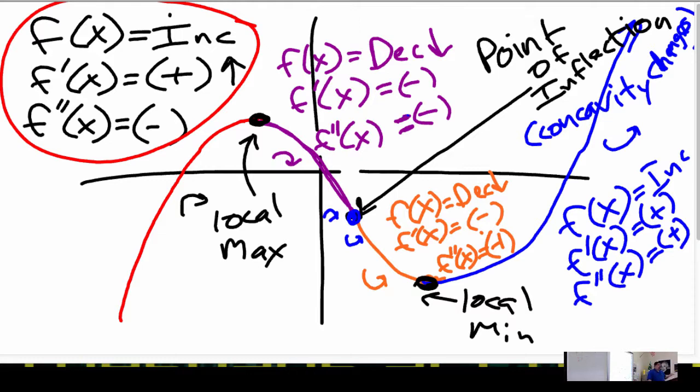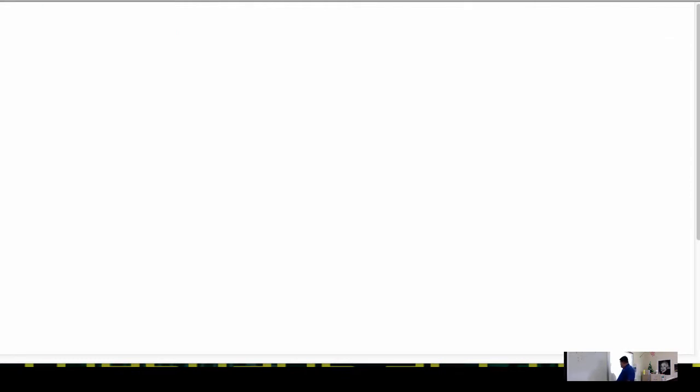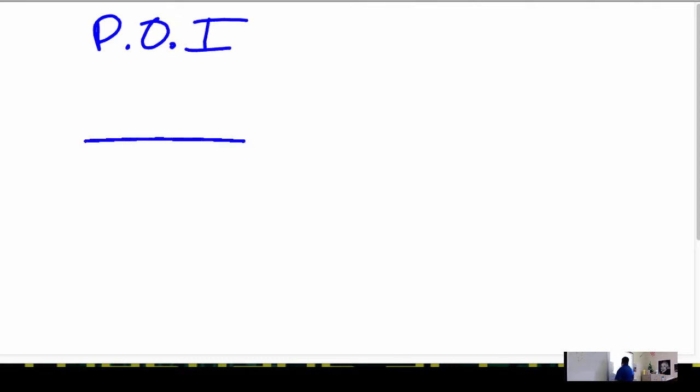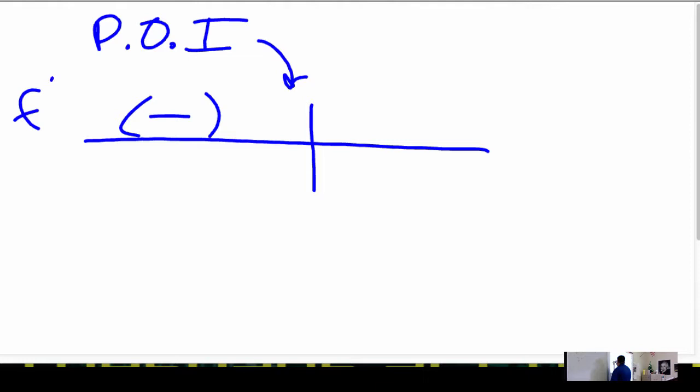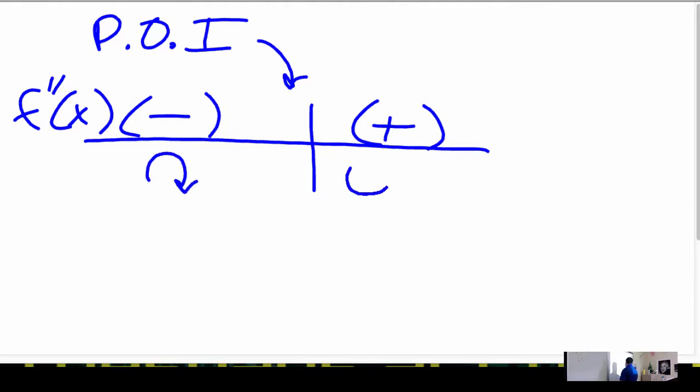So the point of inflection, and I'm going to go to another screen, so let me write all this stuff down. The point of inflection looks like this. Here's my point of inflection. Here I would have f double prime values of negative to positive. So that means that I am concave down and then I switch to concave up.